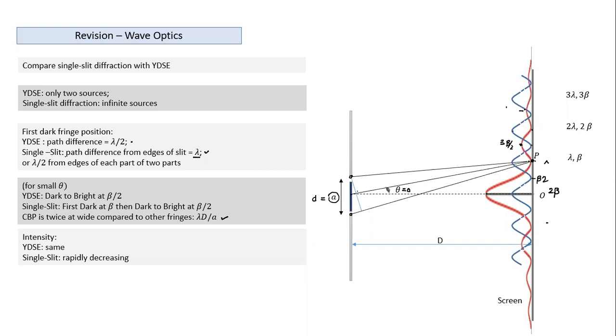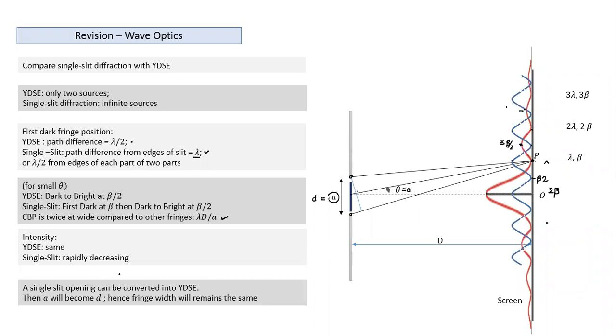So except for the first part, dark and bright fringes will coincide with each other. The dark fringe of single slit diffraction coincides with the bright of YDC if the same setup is converted into YDC. Only the central part will be different. It will be twice as wide.